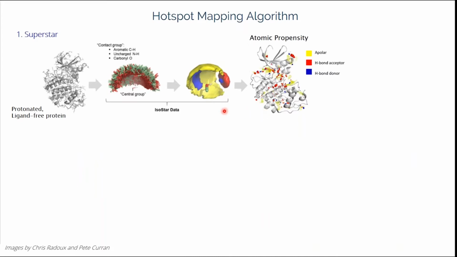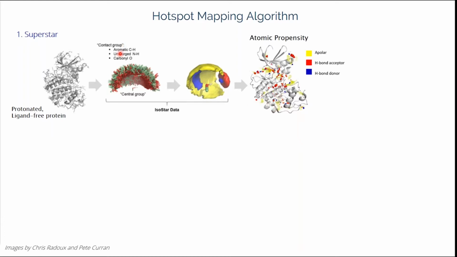The method starts by taking a protonated ligand-free structure and running the CSD program Superstar on it. Superstar uses the wealth of intermolecular interaction information stored in the CSD to generate propensity maps on the surface of the protein. These indicate how likely a particular contact group is to be found on the surface of the protein.